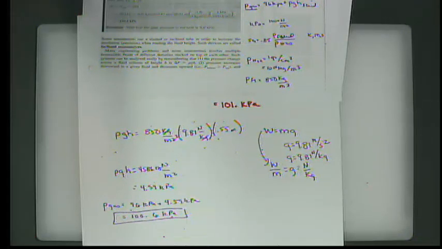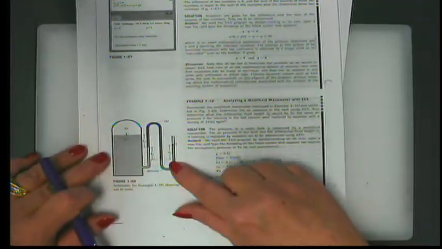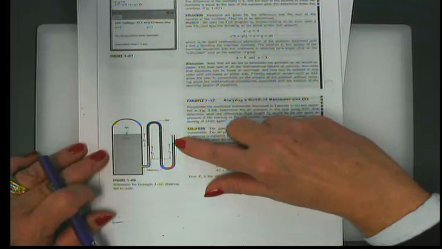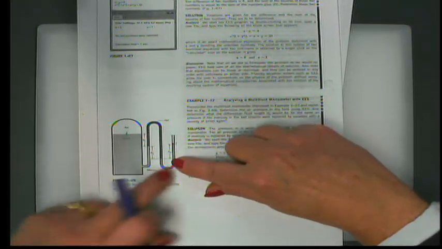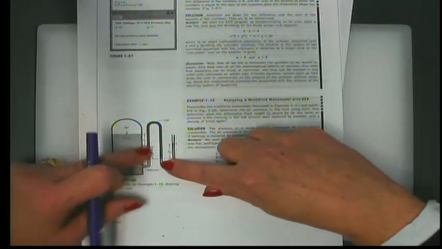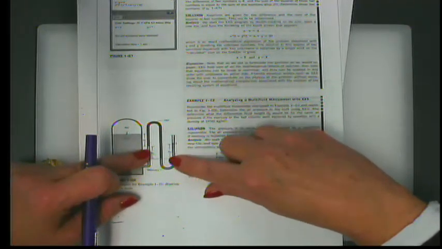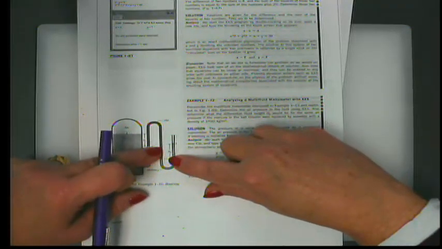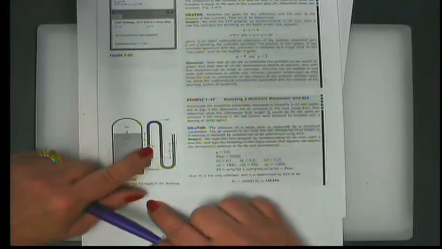But so if you have something like this problem, open to the atmosphere, we go down H3. We come up H2. So if you start with atmospheric, you add rho GH, and then you subtract this rho GH, to here.